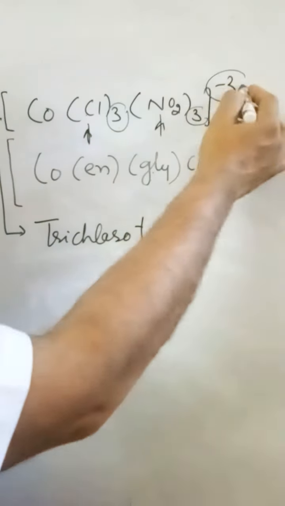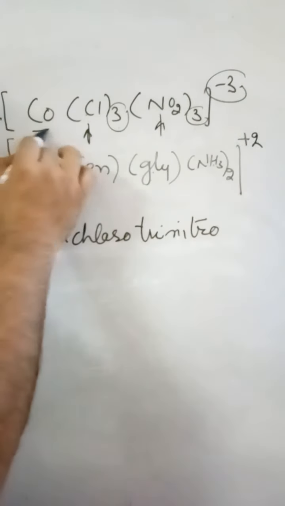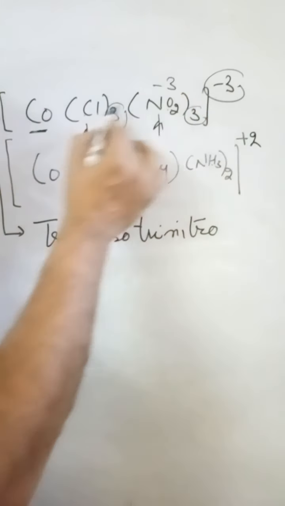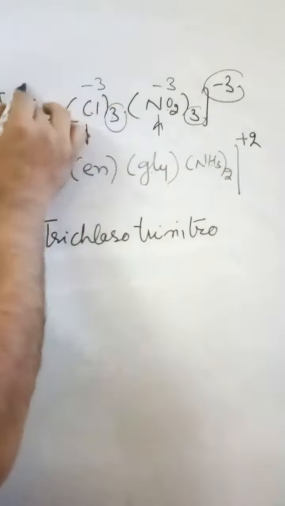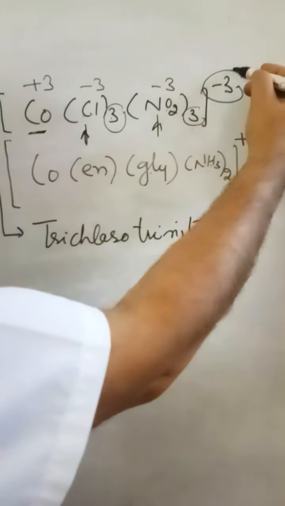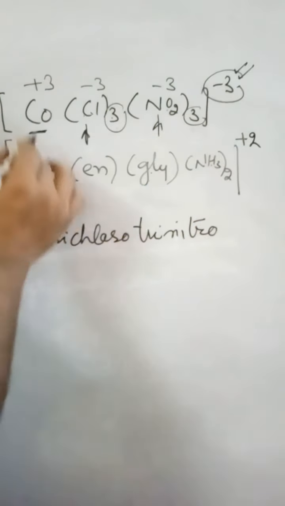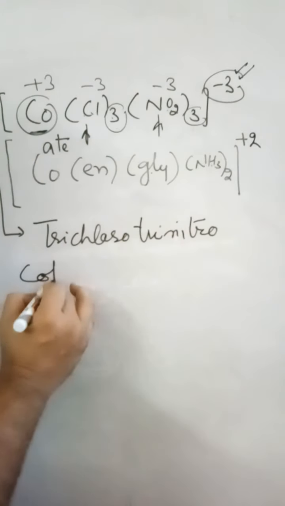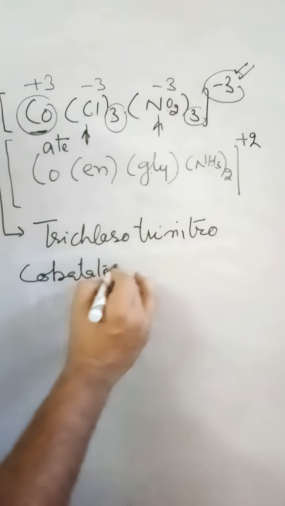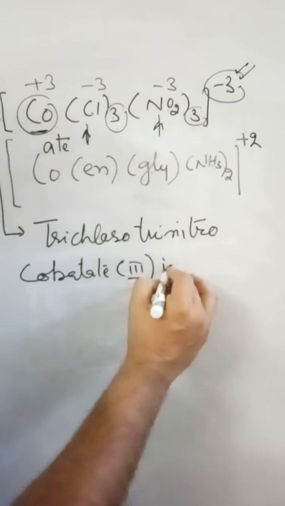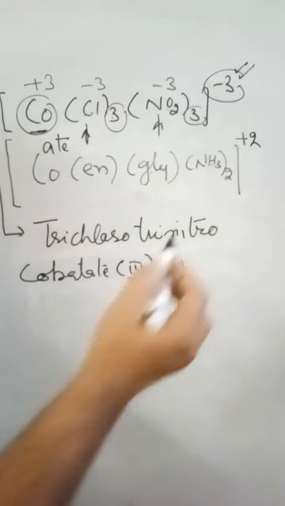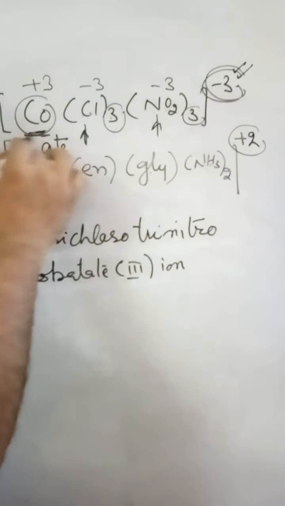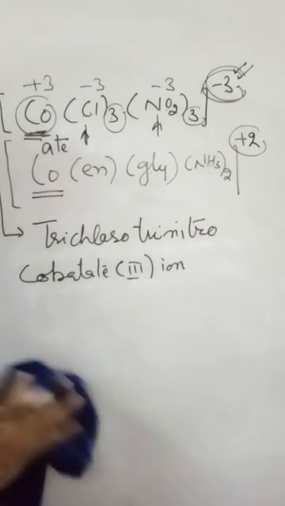Now this carries a negative charge. First of all its state: NO2 is -3, Cl is -3, so the state is +3. As the square bracket carries a -3 charge, the name of this cobalt ends in -ate. So this is cobaltate(III).